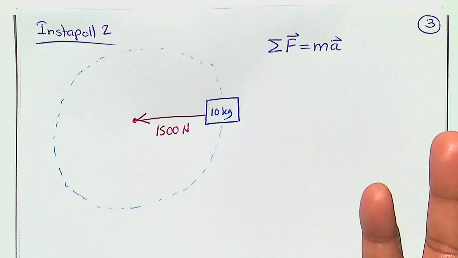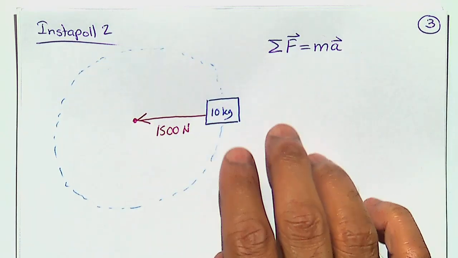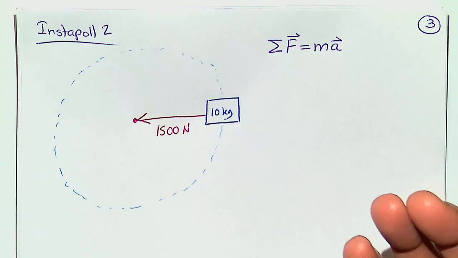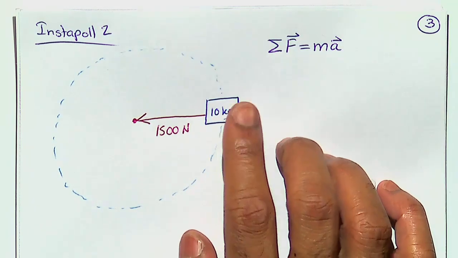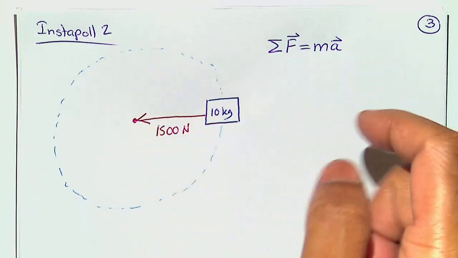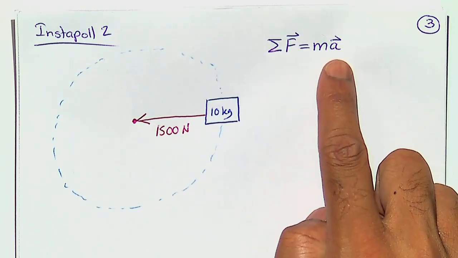Then it would be the same kind of effect where there's a force this way that makes it go around in a circle. And then, of course, there is gravity, but there's also a normal force that cancels it out, right? So in the vertical direction, the two forces cancel, and the net force is still just the 1,500 newtons. There is an acceleration, right?